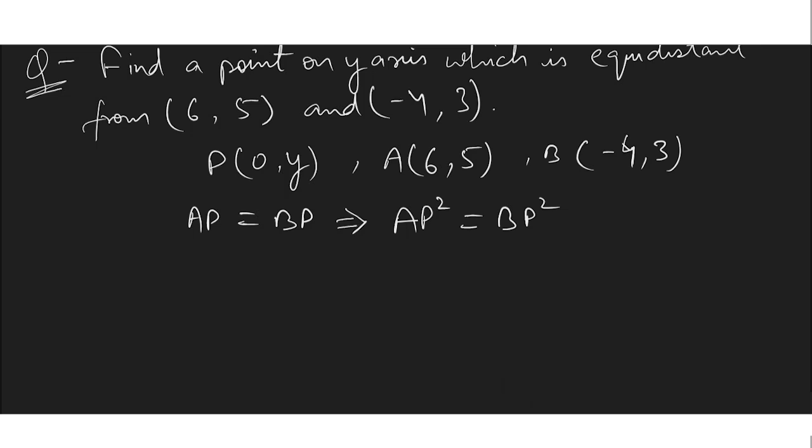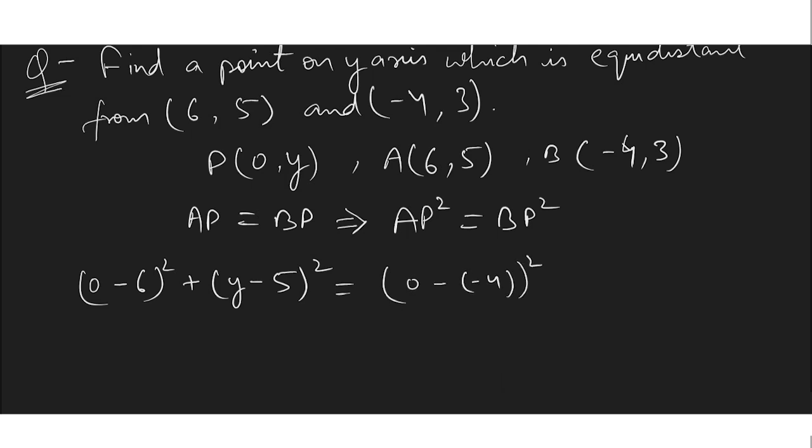So AP square will be 0 minus 6 whole square plus y minus 5 whole square is equal to 0 minus 4 whole square plus y minus 3 whole square.